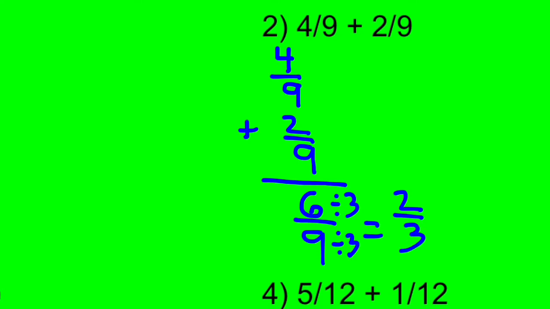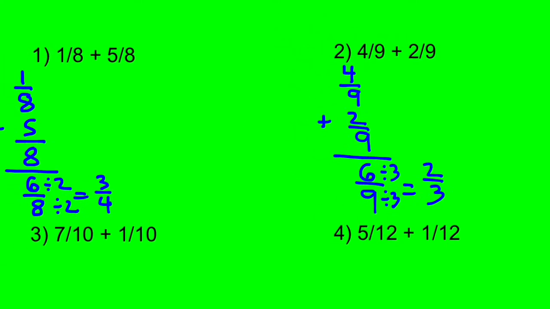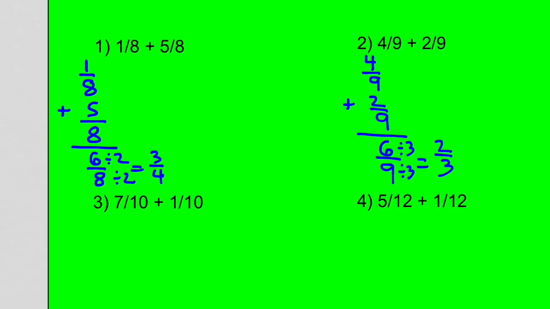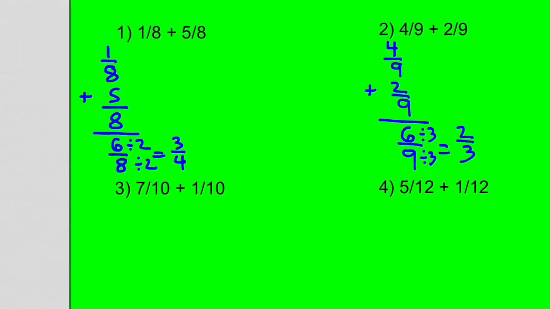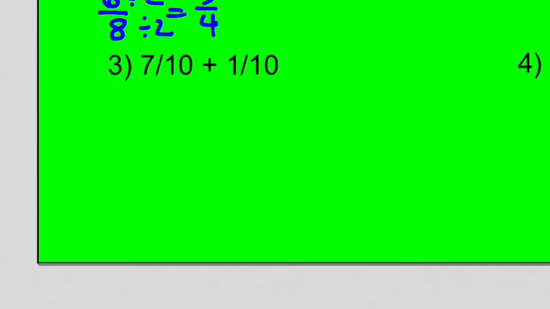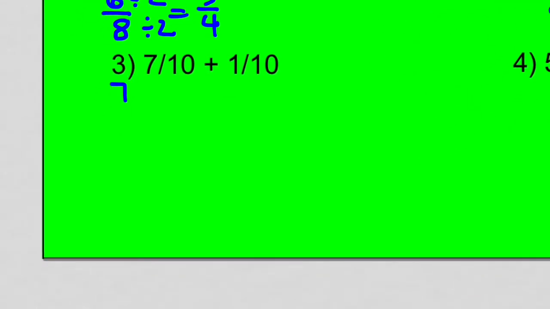Now, these questions we've already done in our notebook. Ideally, the kids have these examples in their notebooks, but this is good for kids who are absent or maybe have trouble just looking back in their notebook and need an actual live version. So let's do number 3 here. So this is 7/10 plus 1/10.